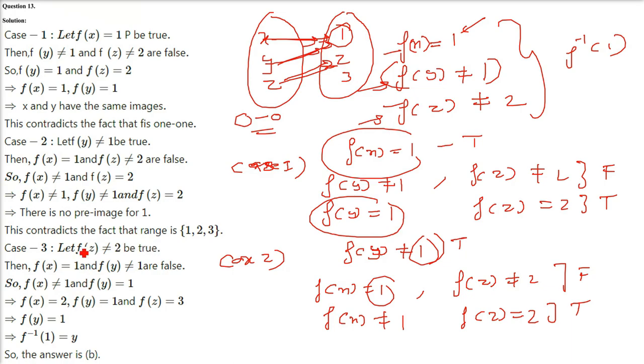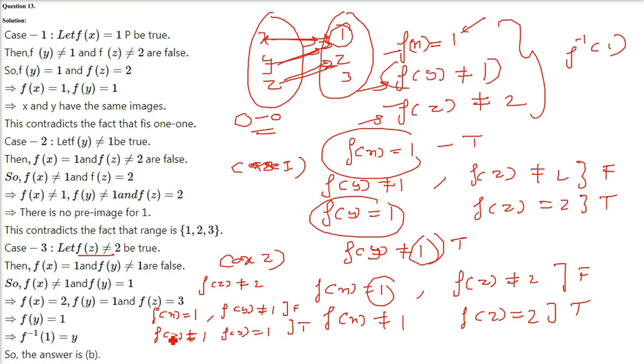Now coming to case 3. Assume f(z) is not equal to 2 is true. So the others have to be false: f(x) equals 1 is false, and f(y) not equal to 1 is false. Let us make them true: f(x) not equal to 1 and f(y) equals 1.